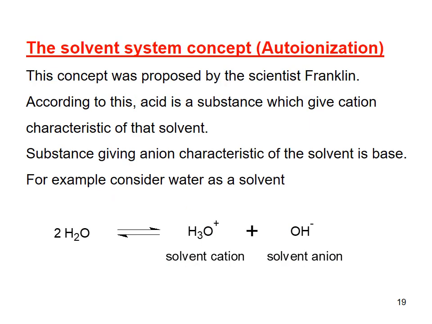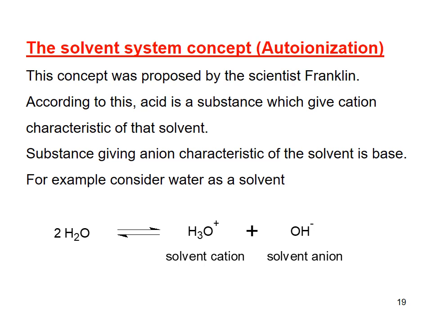And the next type of concept is the solvent system. Before explaining this solvent system, you should know how a solvent is ionized. That is the auto ionization. For example, water will self ionize into hydronium ion as well as hydroxide ion. So according to this system, an acid is a substance which gives a cation characteristic of that solvent.